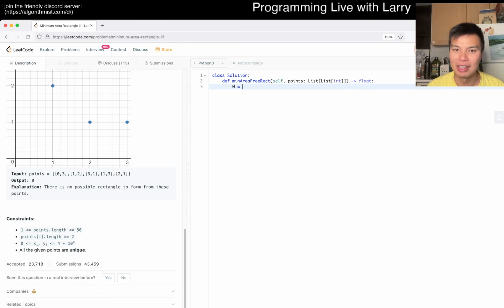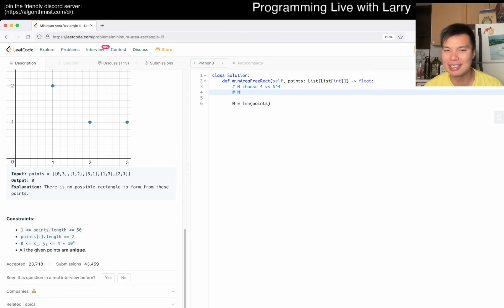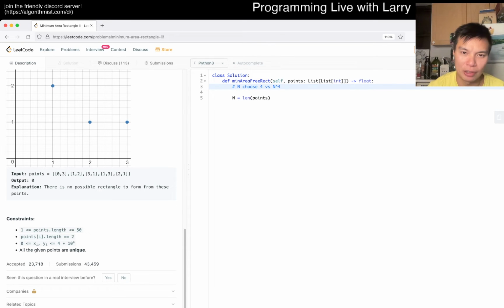That's the difference between n choose 4 versus n to the 4th, right? Because n choose 4 is roughly n to the 4th over 24-ish. It's actually less than that even, but as a result, 50 choose 4 is way less, so we can brute force it.